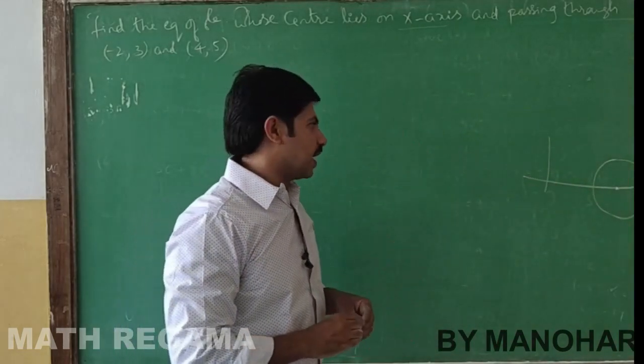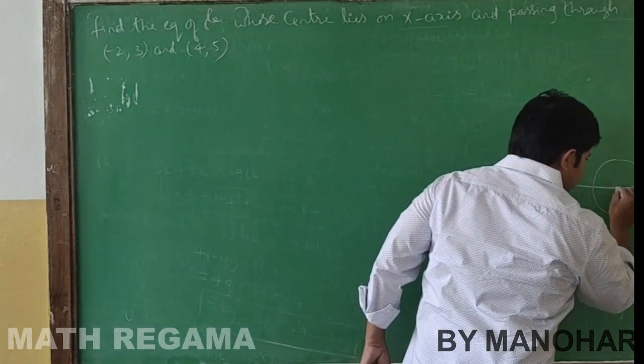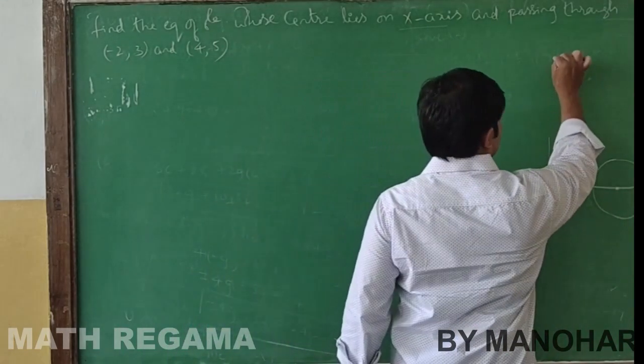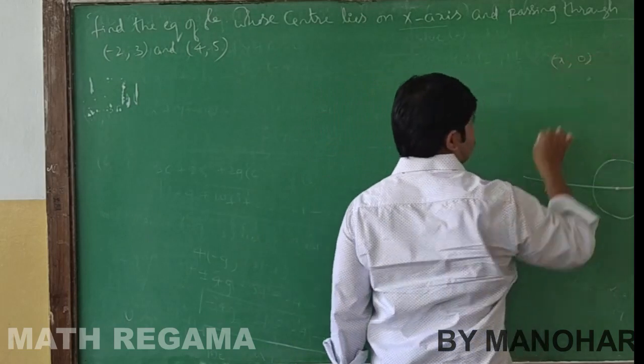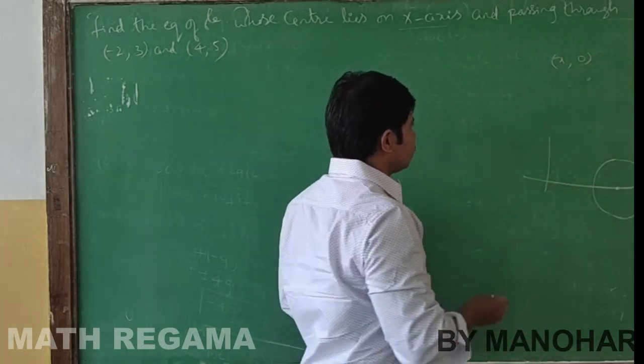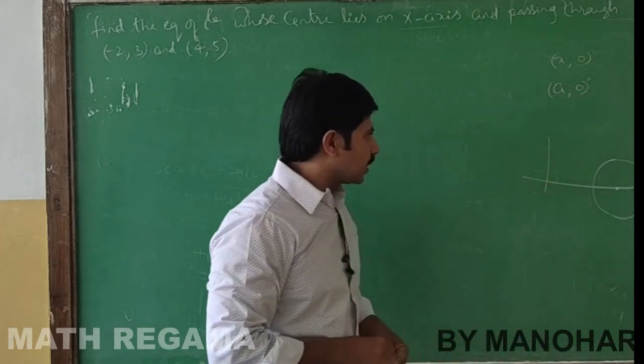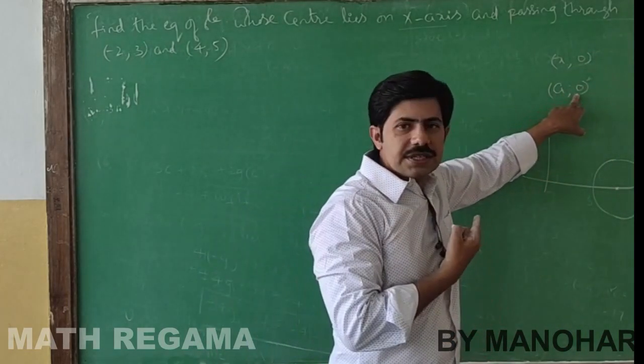See, on x-axis, the general point is (x, 0), or sometimes you can also assume (k, 0). That means on x-axis the y coordinate is 0.